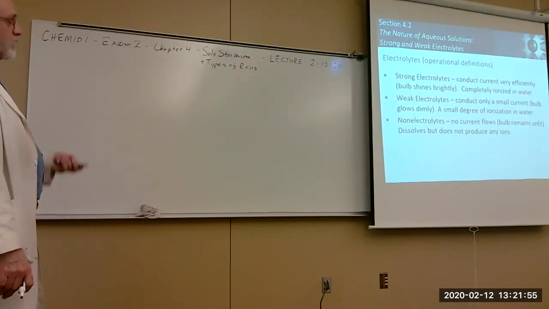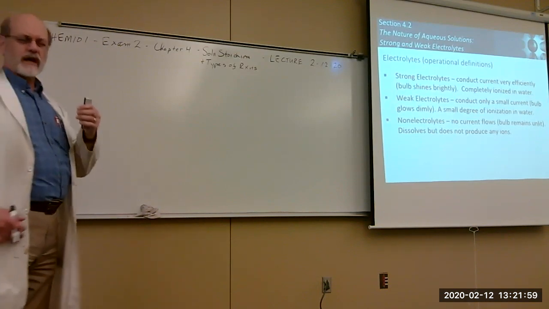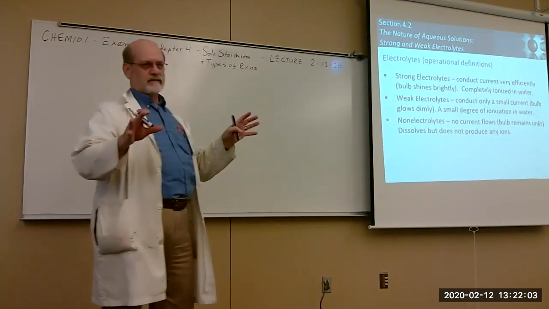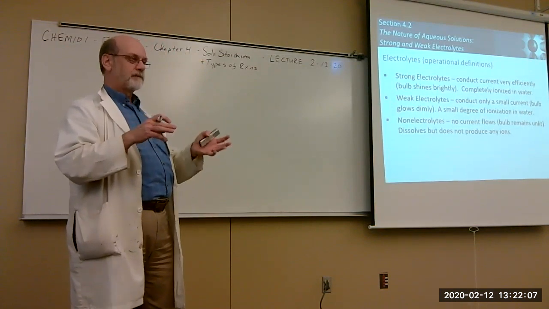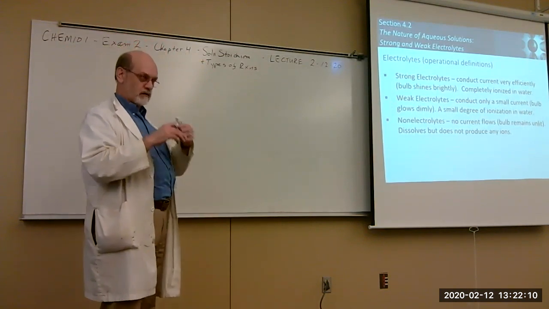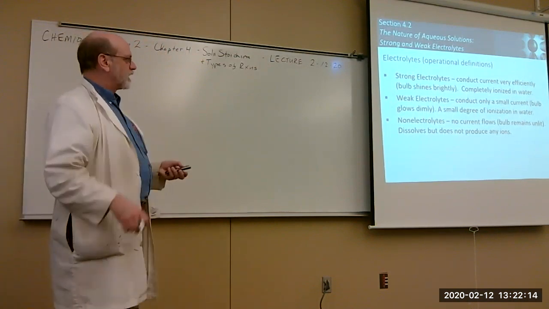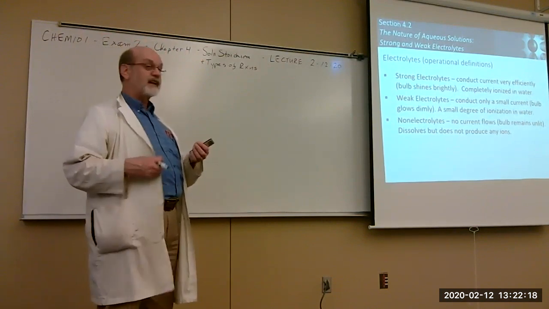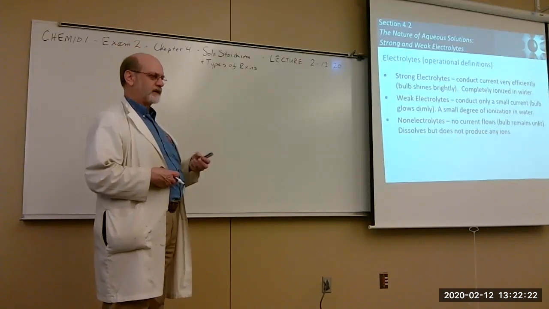Okay, then we make a distinction between strong electrolytes and weak electrolytes. Strong electrolytes are those that are virtually completely dissociated into ions, like sodium chloride, in solution, and they'll carry a charge. In fact, they'll carry a large current. Weak electrolytes are those that dissociate slightly, like acetic acid, vinegar. It only dissociates a very little bit.